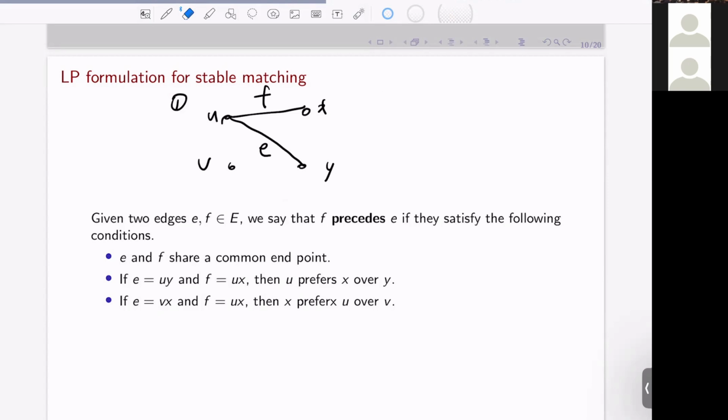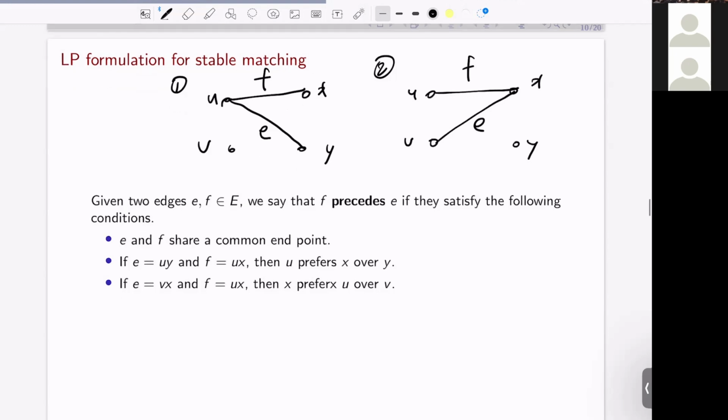Or you have this F and E, where X prefers U over V. So what it means is that F has a higher priority for hospital X than E. Okay, so this is the natural concept.